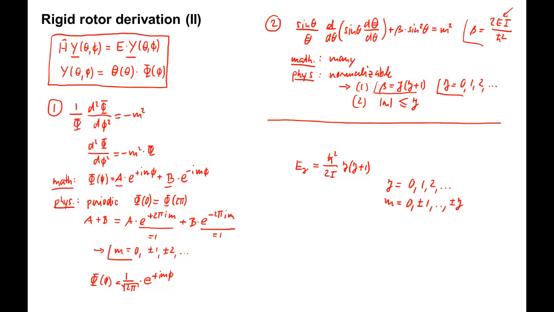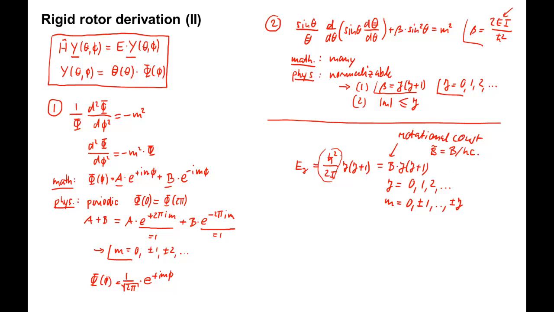We have two quantum numbers, one for each degree of freedom. The prefactor in the energy expression is usually abbreviated as B and is called the rotational constant. Most often it is given in wave numbers and denoted B̃. The relationship is B̃ equals B divided by hc.